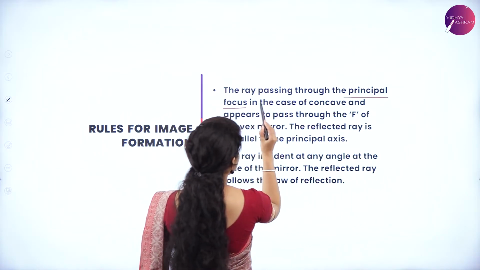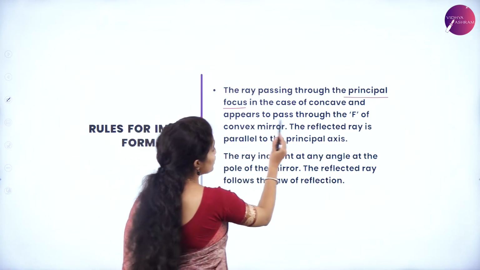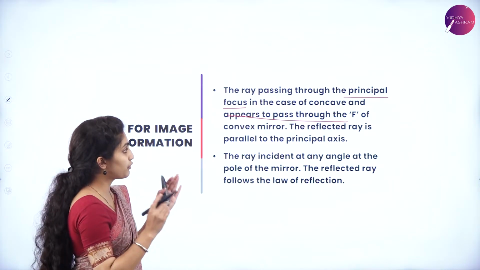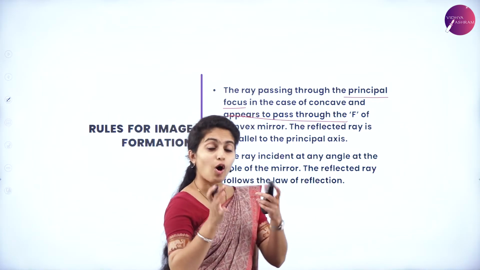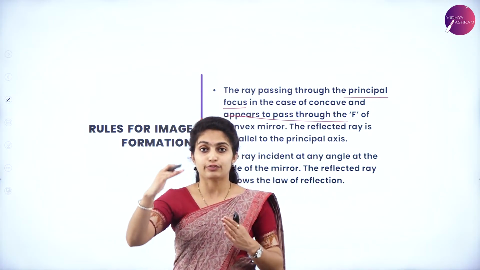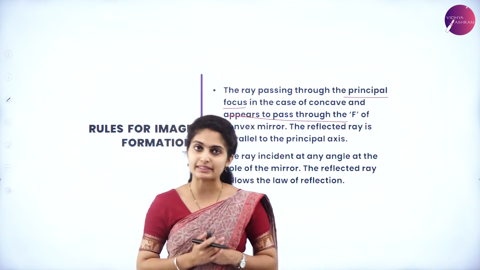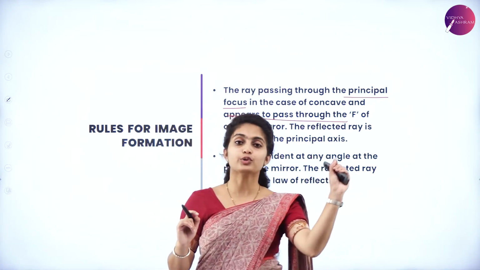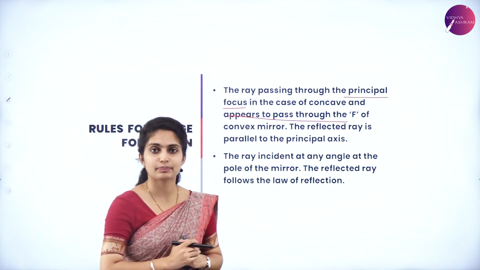The ray passes through the principal focus in the case of concave, or appears to pass through F of a convex mirror, and the reflected ray is parallel to the principal axis. This is the opposite of the first thing we did. What we said was, if the ray is parallel to the principal axis, it has to pass through the principal focus. But now, if the ray is passing through the principal focus, it has to go parallel to the principal axis.